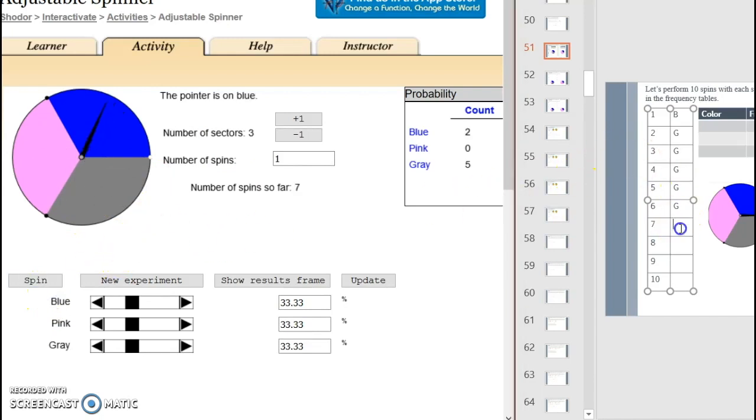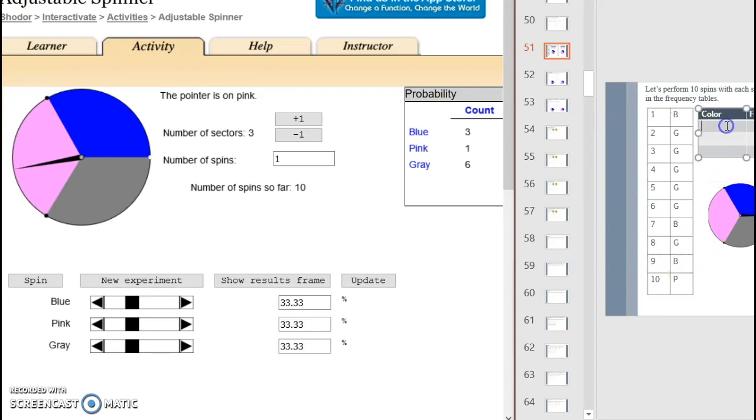Oh, we got a blue. Funny, we haven't got a pink yet. Another gray. A blue. And a pink.